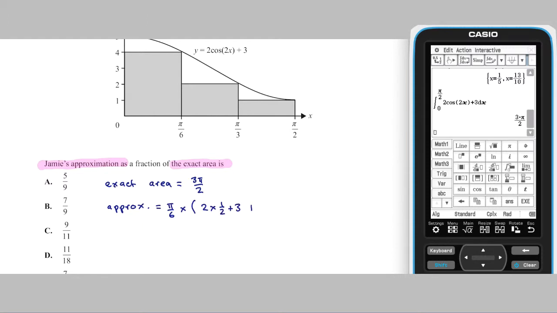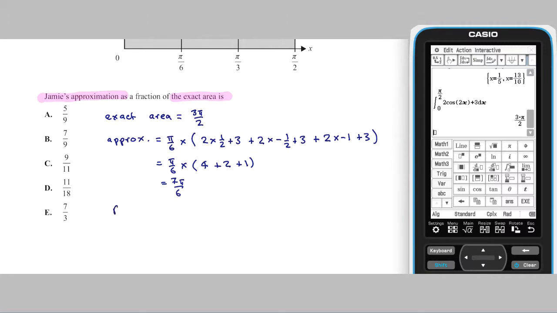The height of the second rectangle will be 2 multiplied by the cosine of 2 pi on 3, which is equal to minus a half plus 3. And the height of the third rectangle is 2 multiplied by the cosine of pi, which is minus 1 plus 3. This is equal to pi on 6 multiplied by 4 plus 2 plus 1, or 7 pi on 6.